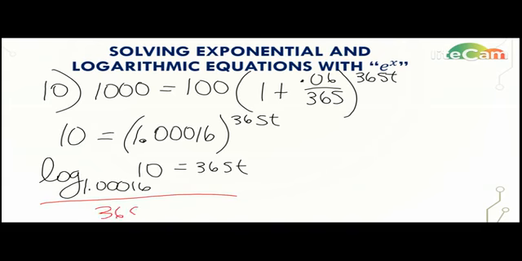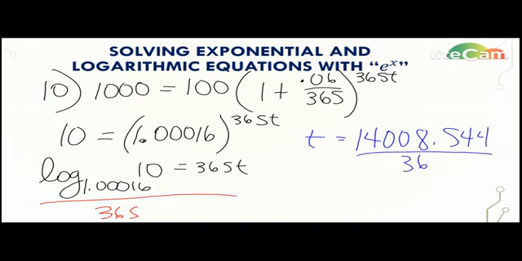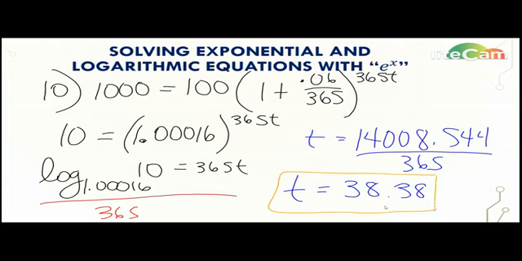In the end, we will divide that by 365. So let's do the log first, which is going to give us 14,008.544 divided by 365. And that will be 38.38. Do you notice how it takes a short amount of time to build that money if you compound daily?